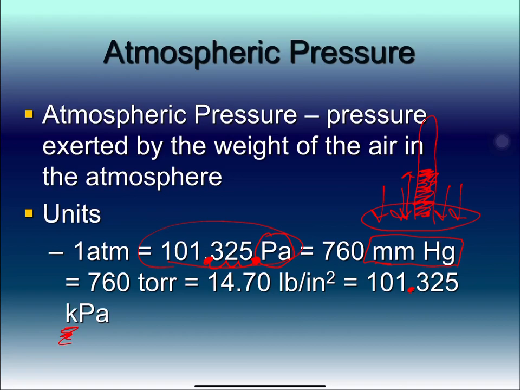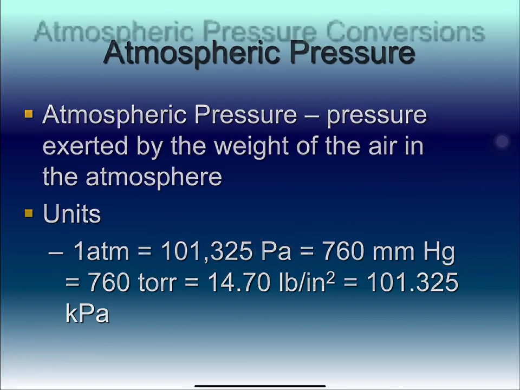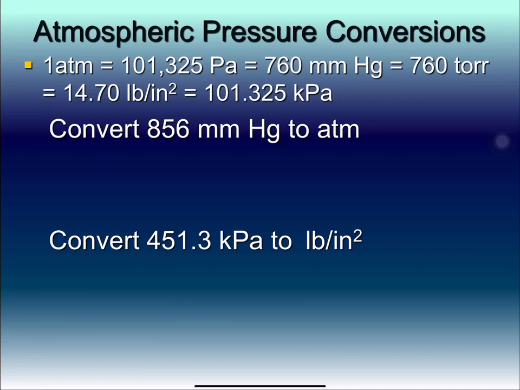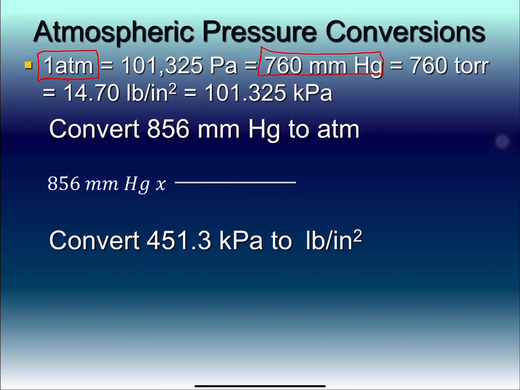We're going to use those to convert between units. That's what we're going to do here on the first page. So, atmospheric pressure conversion. I left those conversions up at the top because we're going to need them. Convert 856 millimeters of mercury to ATM. We know that there's 760 millimeters of mercury for 1 ATM, and we're going to use that for our fraction.